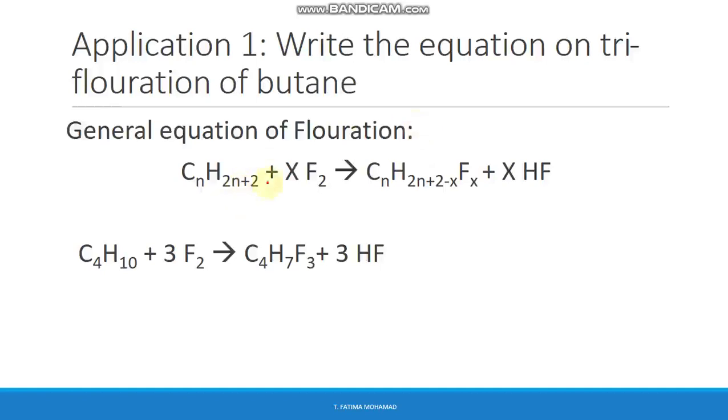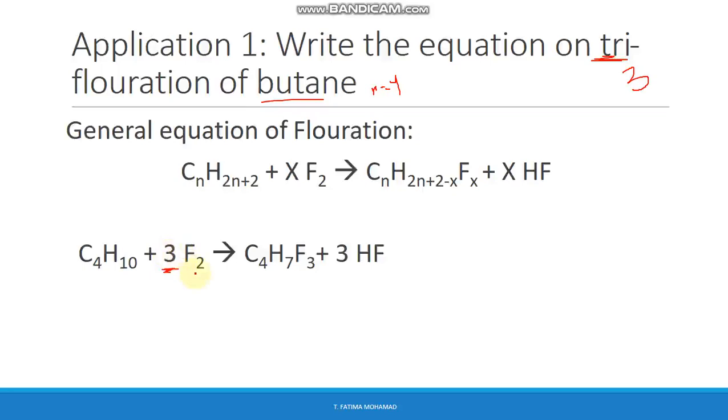So the general equation of fluoration is CnH2n+2 plus XF2 gives CnH2n+2-XFX plus XHF. So butane, meaning n equals 4, so C4H10 plus trifluoration. Tri means it's doing it 3 times, so we add the 3, X equals 3.